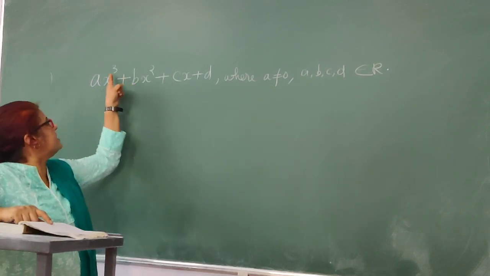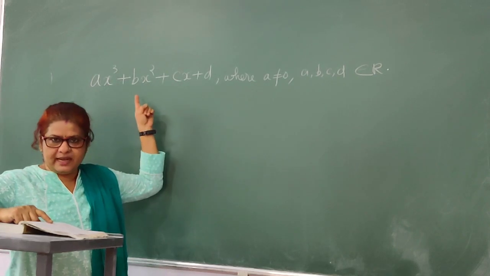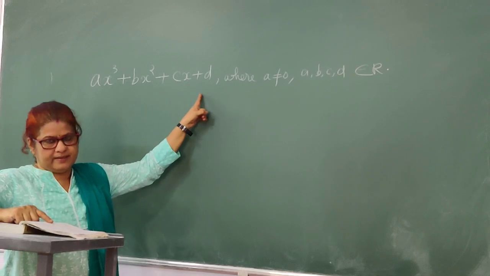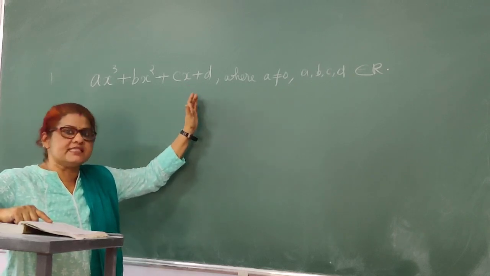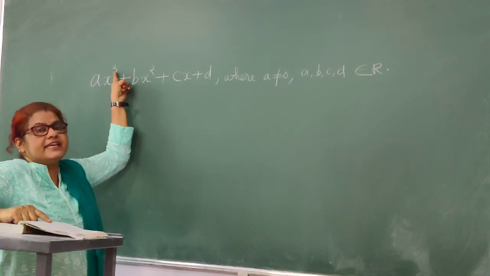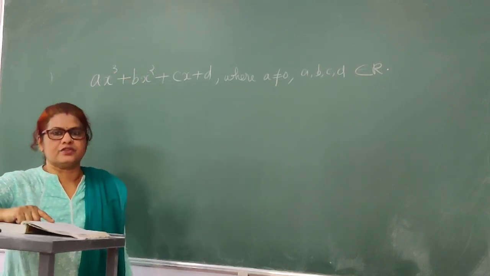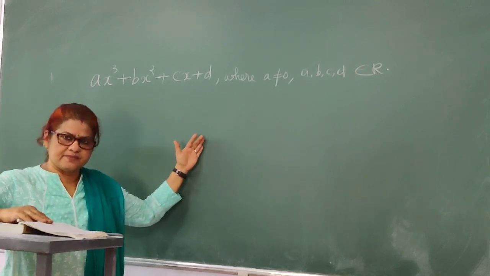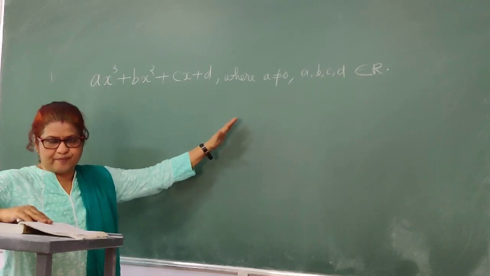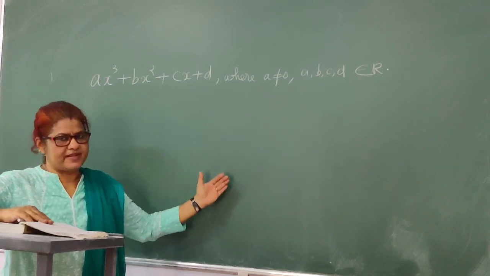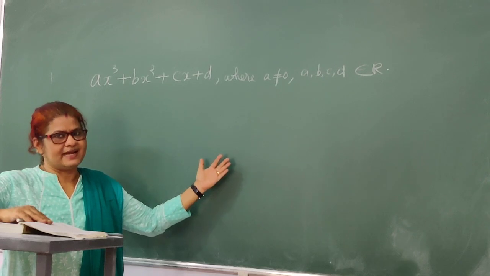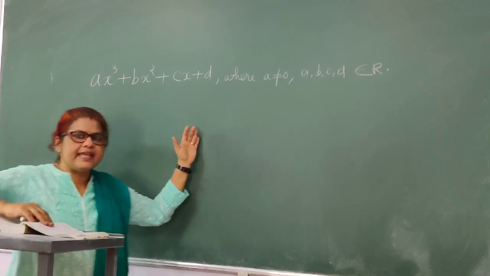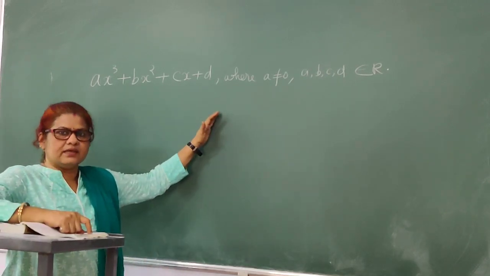Since the highest degree of this cubic polynomial is 3, it has at most 3 zeros. We have already taken the zeros in terms of Greek alphabets, alpha, beta, etc. And here, since one more zero is there, we take the third zero as gamma.